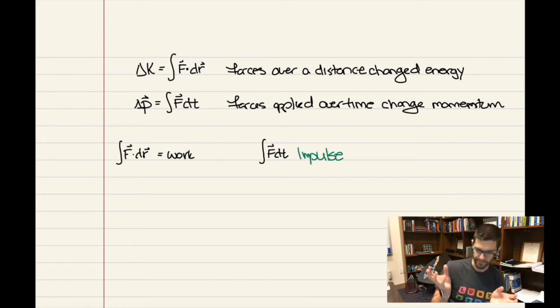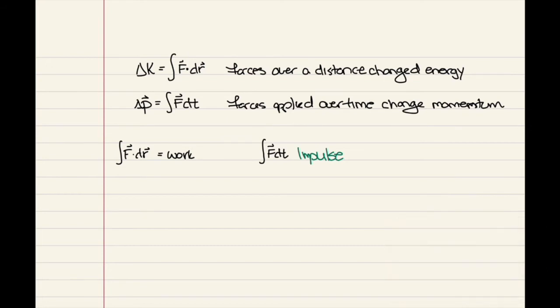The name is motivated, again, because a lot of utility comes out of looking at collisions, where the forces acting over time do occur over incredibly small amounts of time. Microseconds' worth of time. So it is kind of like an instantaneous impulse on the system.